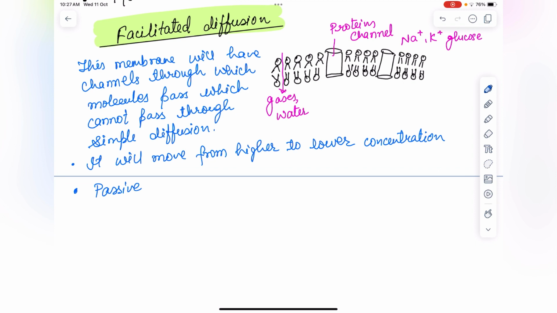Means in this transportation it will move from higher concentration to the lower concentration, but energy is not required in it. Which molecules will pass through this facilitated diffusion? Sodium, potassium, glucose will pass through this facilitated diffusion.